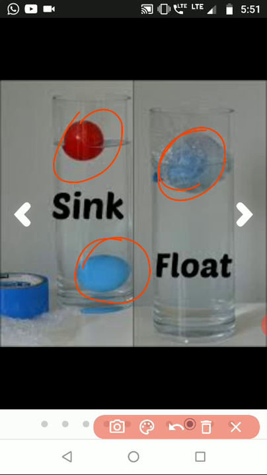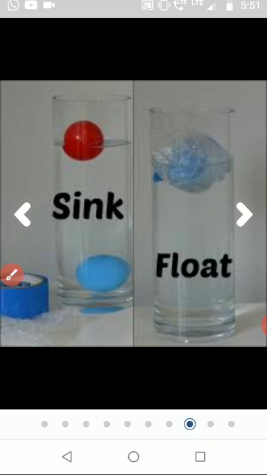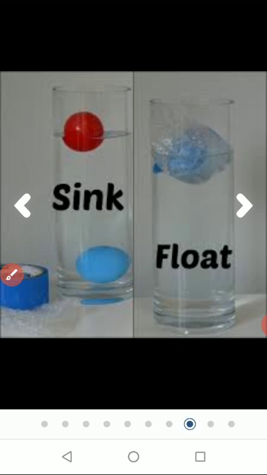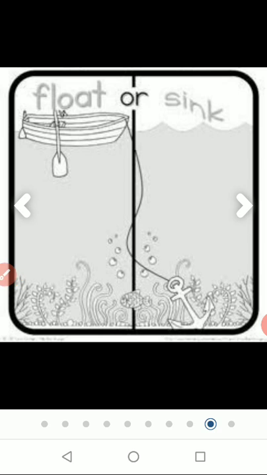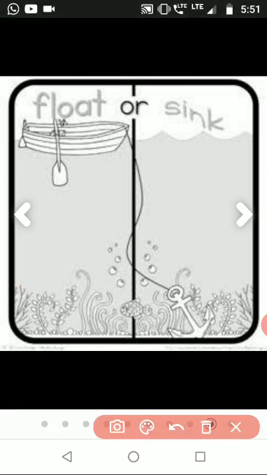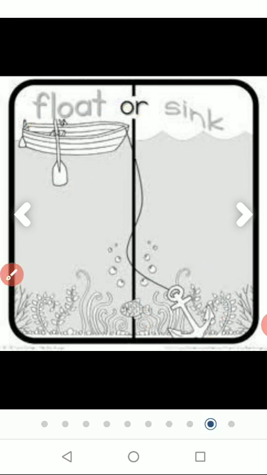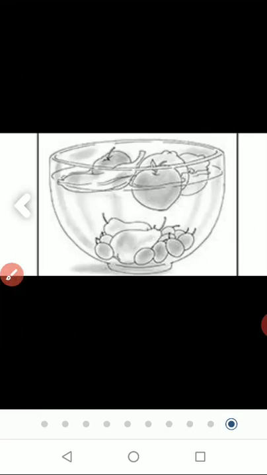Sink means to settle down in the water and float means to remain on the top of the water. Here the wooden boat floats on the water, and the iron sinks inside the water. Here you can see some fruits and vegetables.